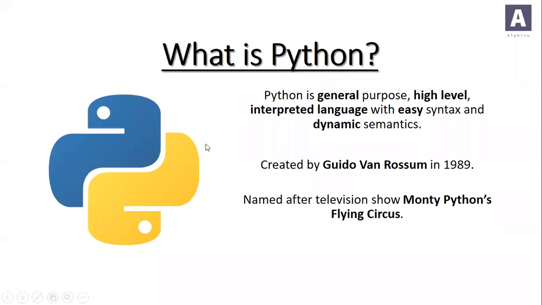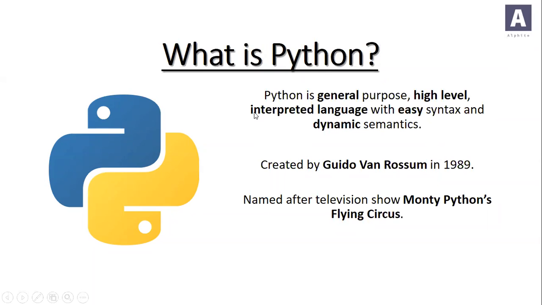So what is Python? People might be asking, what is Python? This is the very basic thing I want to start with. Python is a general purpose, high level, and interpreted language. So what is meant by general? What does it mean by high level and interpreted language? General means even a learner can do something with Python, and from a company or organization point of view, they'll be using Python too.